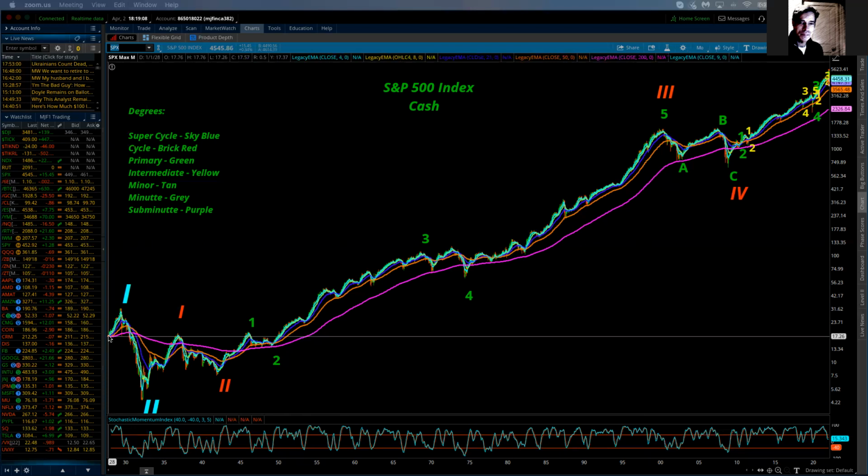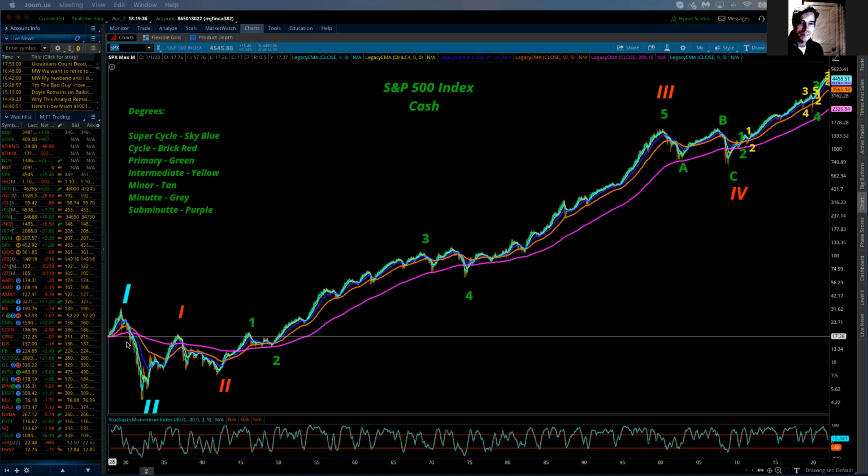So nearly 200, at least 4 years of data that we have right now to digest. So the reason I'm starting here is to show you the size of the impulse waves within these larger moves, and then, of course, what we would expect in a corrective wave in these larger cyclical moves.